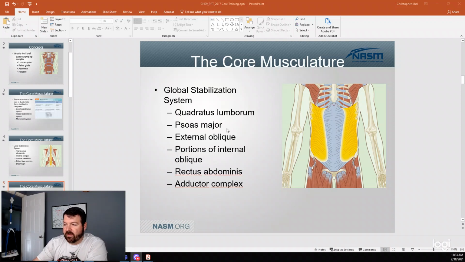Then you have your external obliques here, some portions of your internal obliques, your rectus abdominis, which is your six-pack, if you will, and then your adductor complex, which is all those adductors: adductor magnus, adductor minimus, gracilis, sartorius, and so forth.